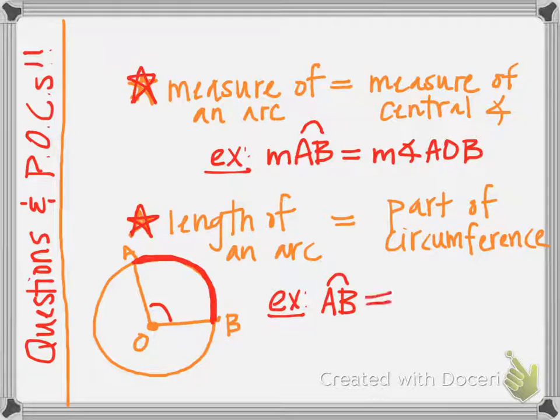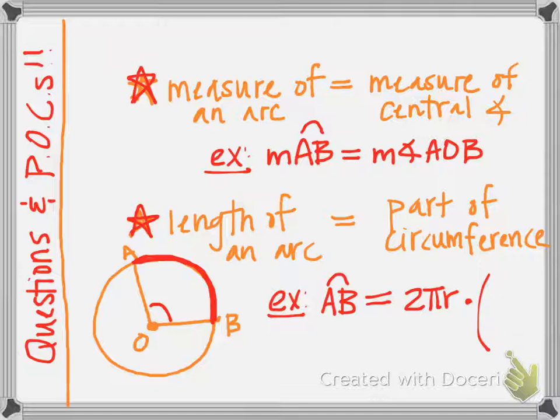Like I said, circumference is 2 pi r. That would equal the entire circumference, but since we're just talking about a part of it, the way you would find that is you would find 2 pi r, and then you would multiply that by the portion of the circle that is represented.